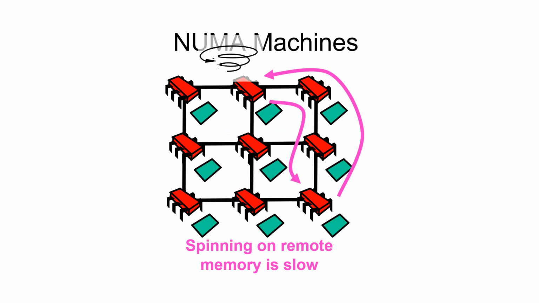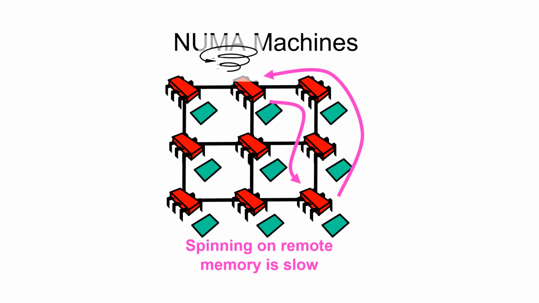If you look at the CLH architecture, each thread will spin on the predecessor's location. Let us assume this last thread is spinning on its local cache, then it will be very fast. But if it is spinning on some other node, then every time it needs to go to that memory location, get the value, and perform the operation.